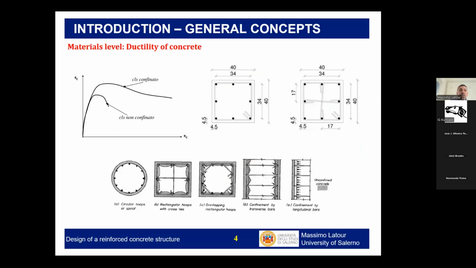So when we are talking about the material level, and concrete. So today we're talking mainly of reinforced concrete, and I will say something about steel. In reinforced concrete, and so concrete, we know that it is possible eventually to activate a larger ductility when the concrete is confined.